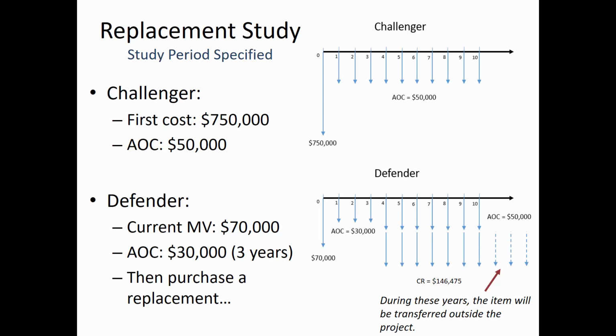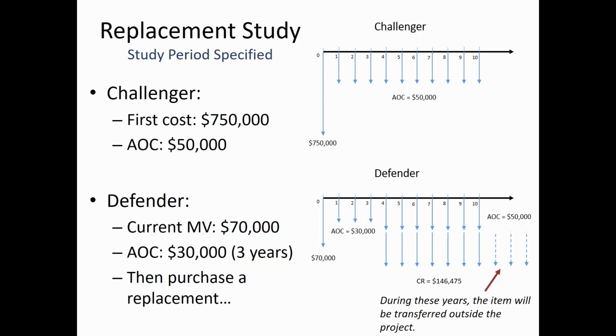The annual operating costs are only given years 1 through 3. So what you'd have to do there is take it from A to P and then spread it from P back over all 10 years. And then we've got these two different amounts in years 4 through 10.